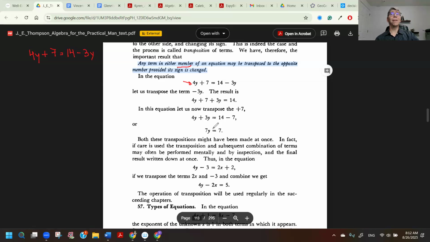Any idea of the meaning of that word, member? In my notes, it says the two parts of an equation which are connected by the equal sign. That's right. The two parts of the equation that are separated by the equal sign are called members.